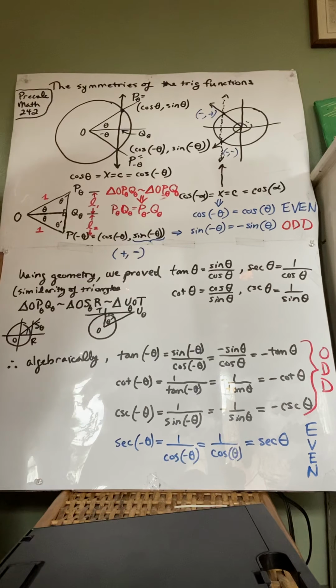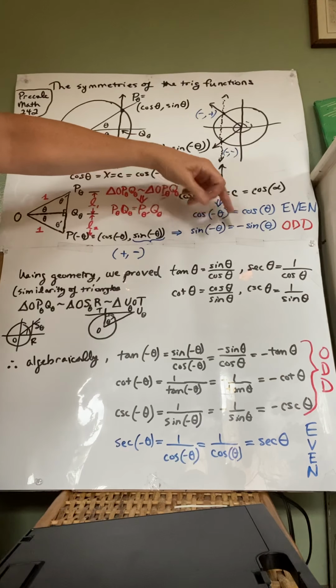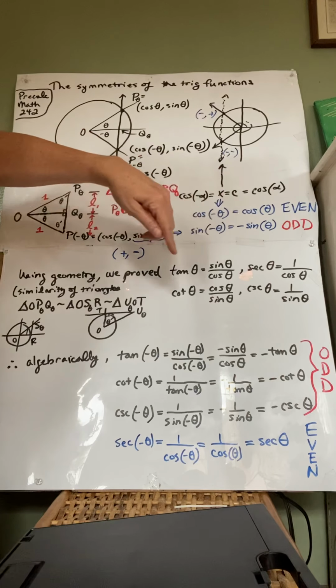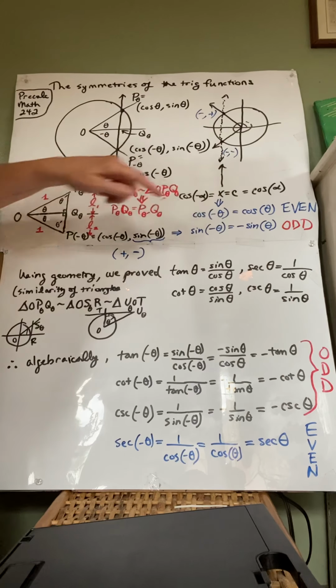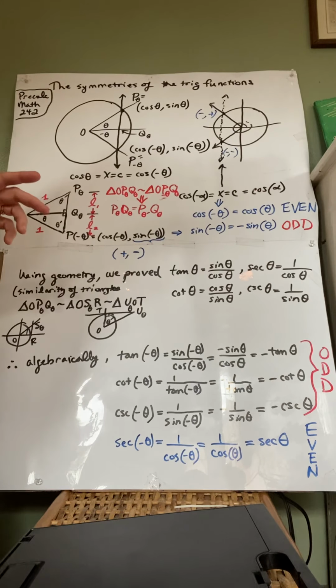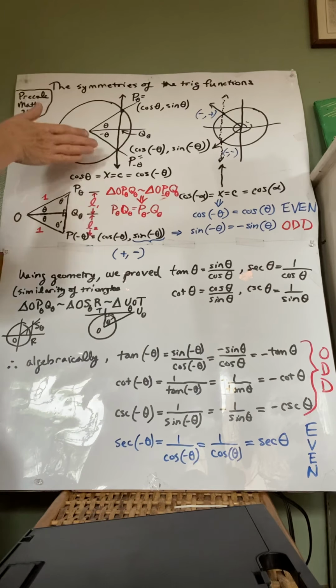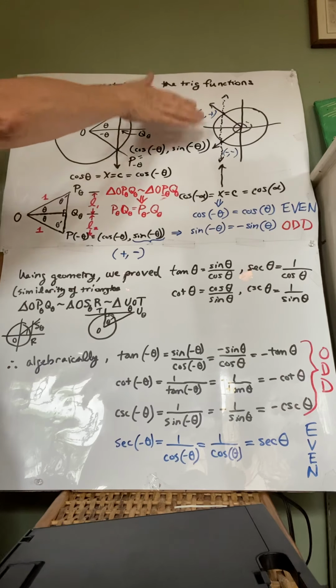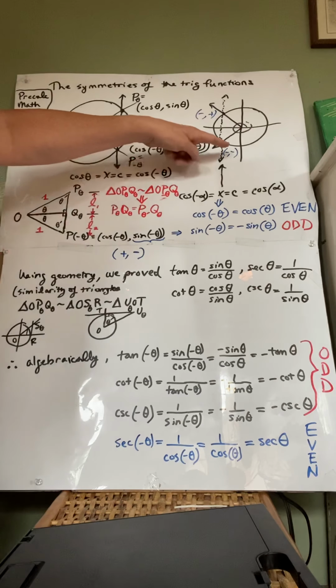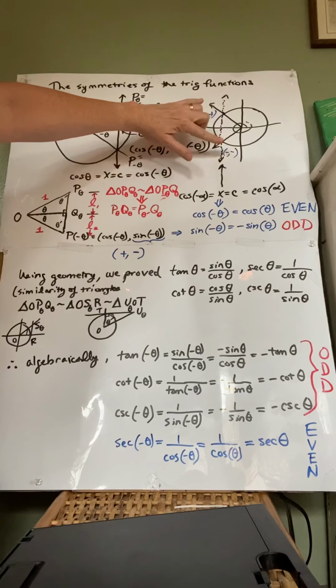Okay, they're the same in magnitude. If you took the absolute value of one, you'd get the other, but they are opposite in sign, right? All right, that's in the first quadrant. What happens if they terminate somewhere else? Whether they terminate in quadrants 1 and 4 or quadrants 2 and 3, you will see that the y coordinates will be opposite.